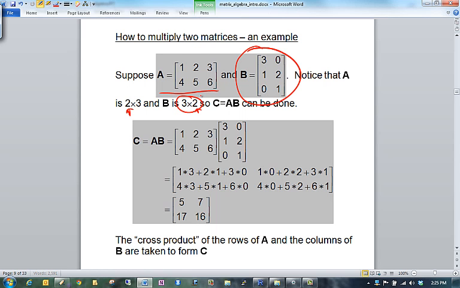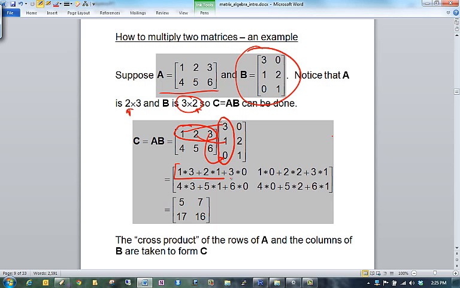When I do the multiplication, what I'm essentially doing is a cross product of the rows of A with the columns of B. So I'm going to take the first row of A and multiply these elements by their corresponding elements in the first column of B. I'm going to take 1 times 3, 2 times 1, and 3 times 0.